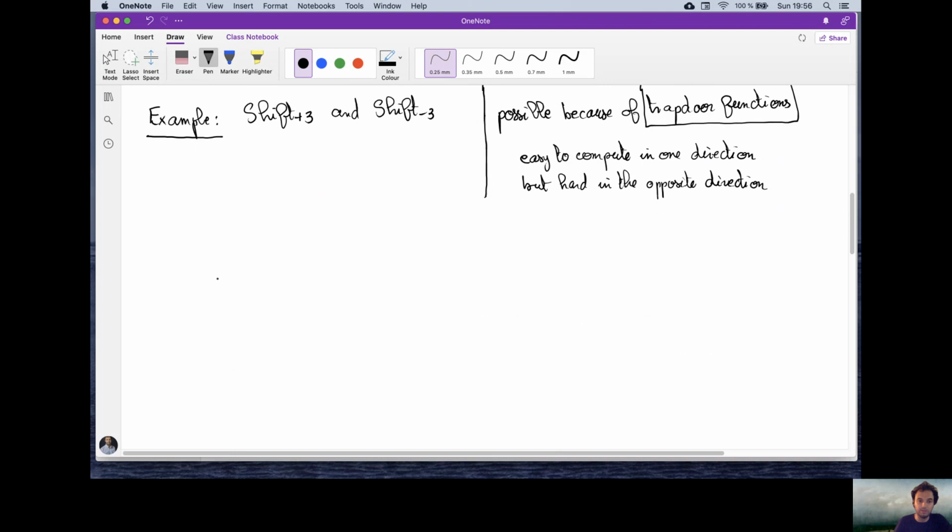And let me give you an example of a trapdoor function, which is going to be used to develop one of the cryptosystems, the RSA cryptosystem that we are going to discuss in chapter 3. This example is multiplying versus factorizing.